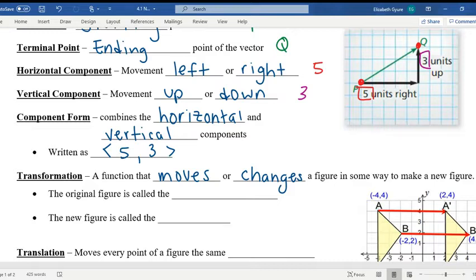So actually, all of the things we talk about this chapter are going to be transformations. Rotations, that's a transformation. A reflection is a transformation. A dilation is a transformation. It's taking a shape, moving it around, making a new shape.